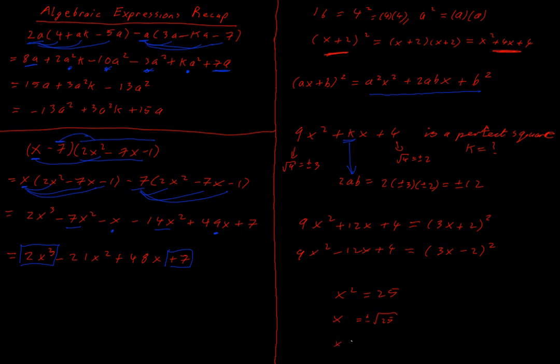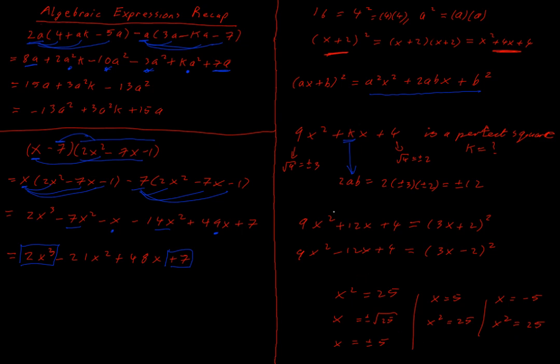And why? Because if I had gone the other way, if I had started out with x is equal to 5 and squared both sides, I'd end up with x squared is equal to 25. Or I could have started out with x is minus 5, squared both sides, and gotten x squared is equal to 25. Both values of x will give me the same value of x squared.